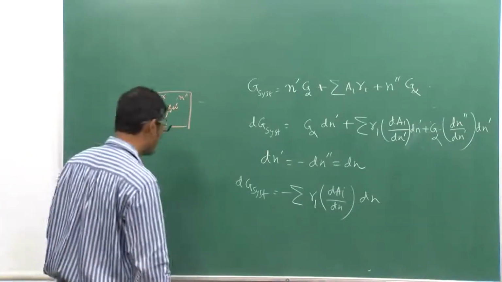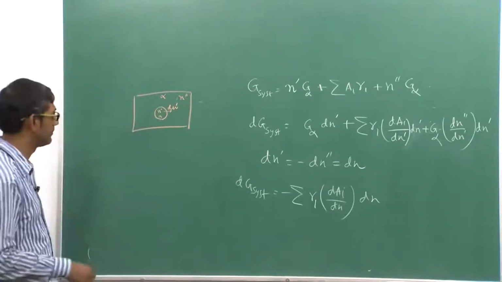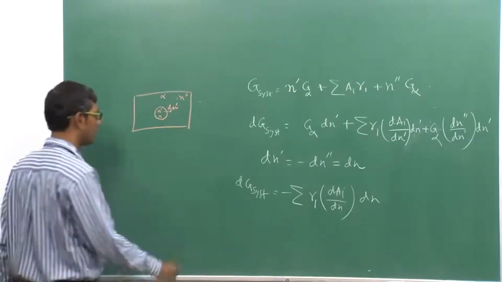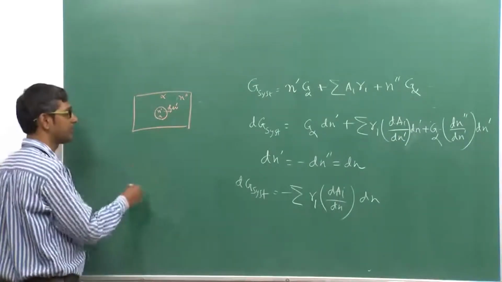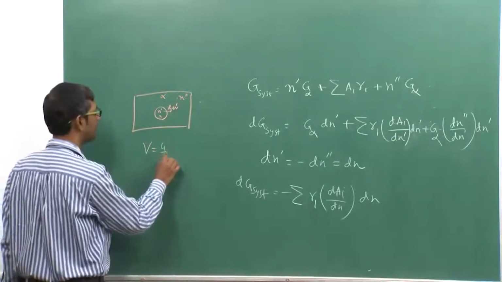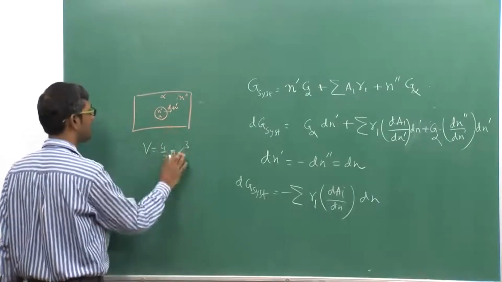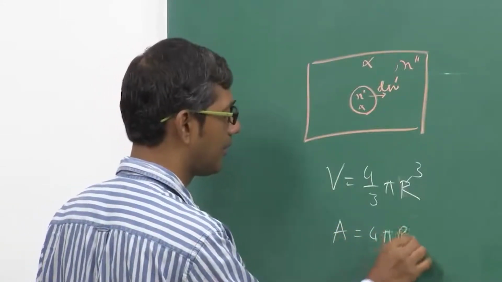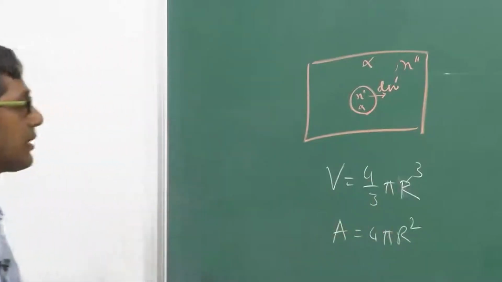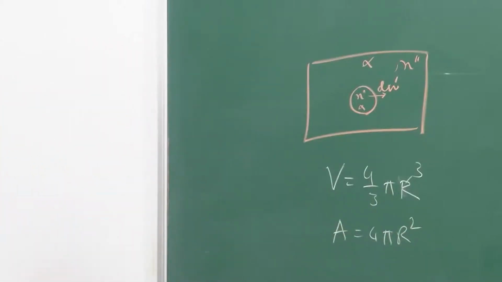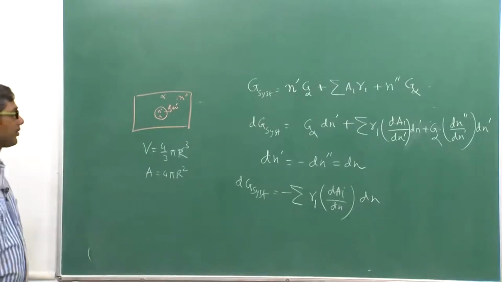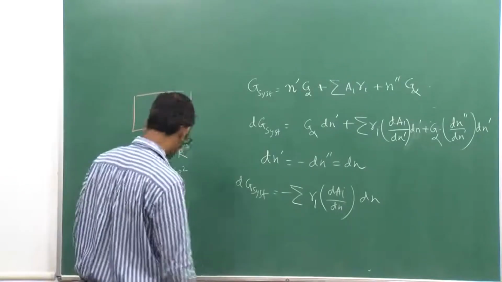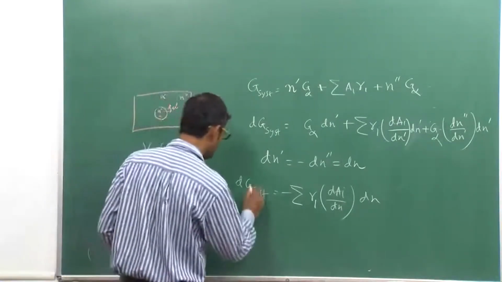Now, if we consider a sphere, as we already have, we know the volume and area of the sphere. Volume is 4/3 pi r cubed if r is the radius, and area is 4 pi r squared. You can find a relationship between volume and area; it is very simple, but let us not do that for the sake of time.